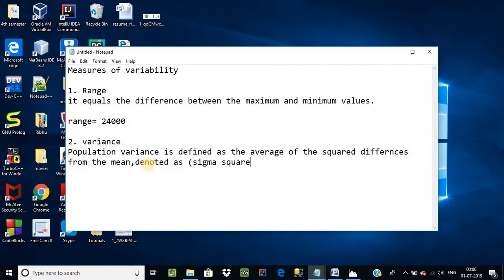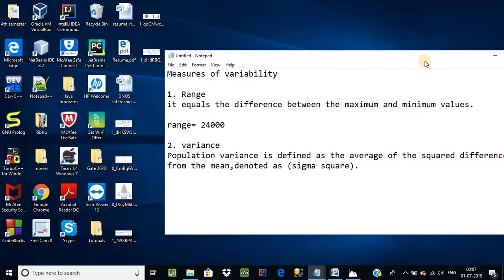Just keep this in mind. The variance is nothing but the average of the squared differences from the mean. How much deviation it is from the mean is described by the variance, the squares of that.